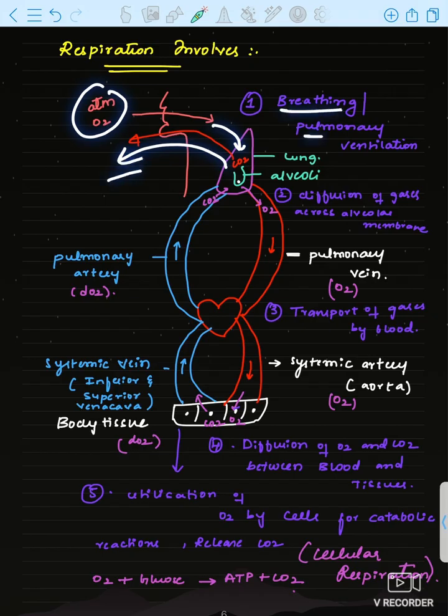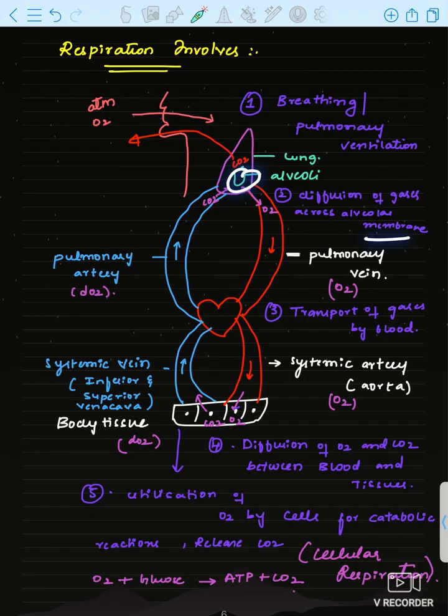Second is diffusion of gases across the alveolar membrane. The pulmonary artery, containing deoxygenated blood, and the alveolus, rich in O2, will exchange gases. O2 will enter the blood vessels and CO2 will enter the lung and exit out. Now it will become oxygenated blood.